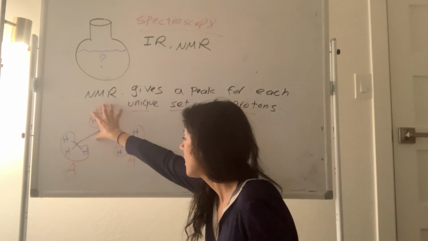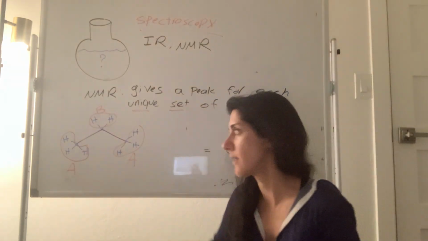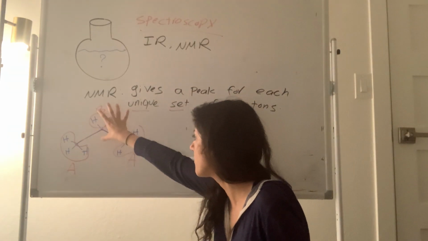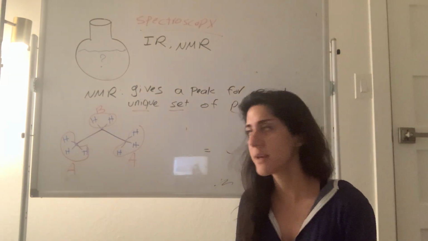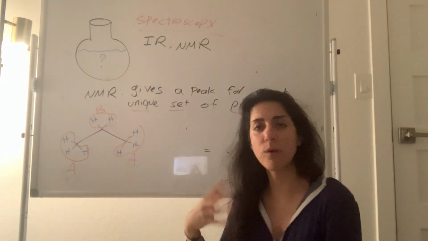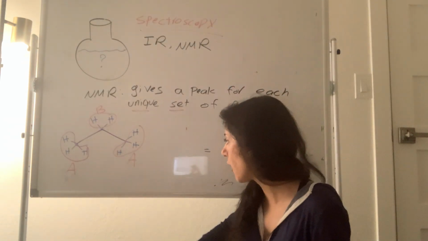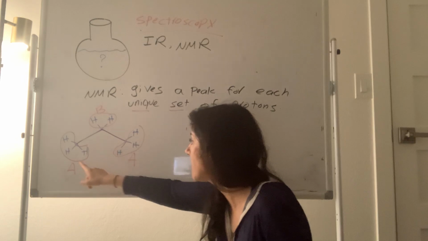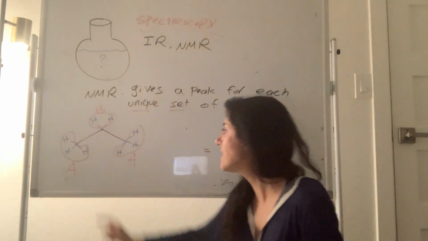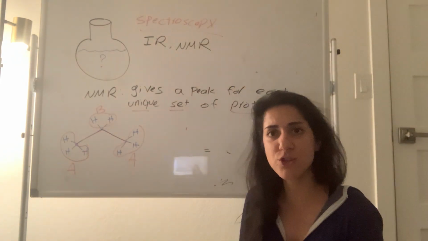Same here, I have another unique set of protons: two hydrogens attached to the same carbon, and the neighbors are a CH3 and a CH3. Now these three hydrogens are equivalent to each other, attached to the same carbon. They have exactly the same neighbor as these hydrogens. These hydrogens are attached to a CH2.